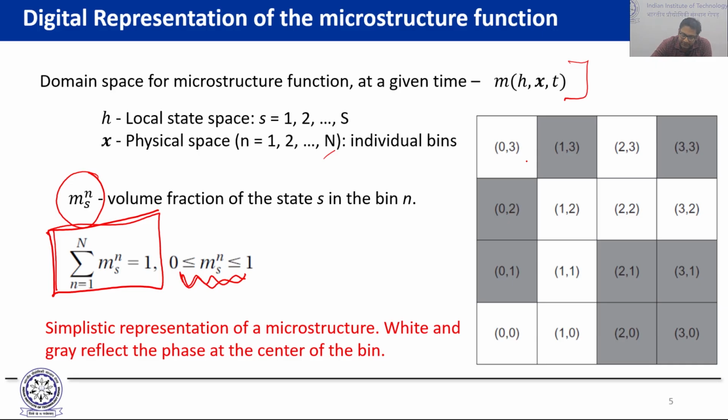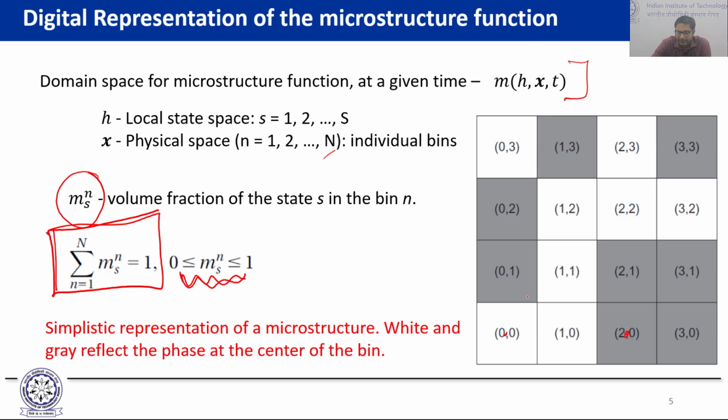So what this really does is this white color represents whatever phase is present right at the center of this white cell. This gray color represents whatever phase is present at the center of the gray cell. And so what we basically start doing is we start reducing the microstructure into a set of whites and grays.